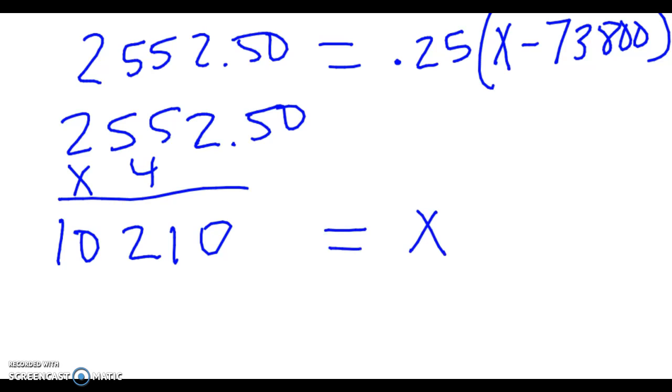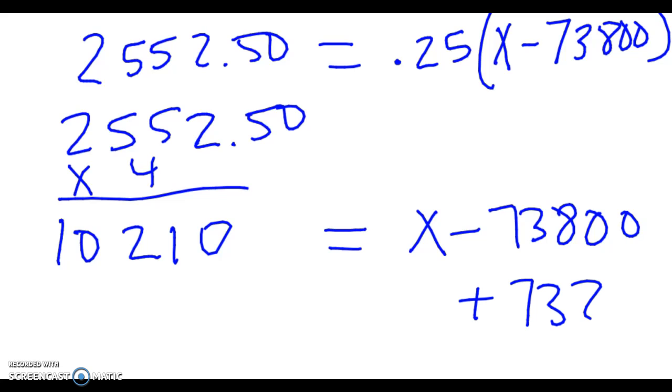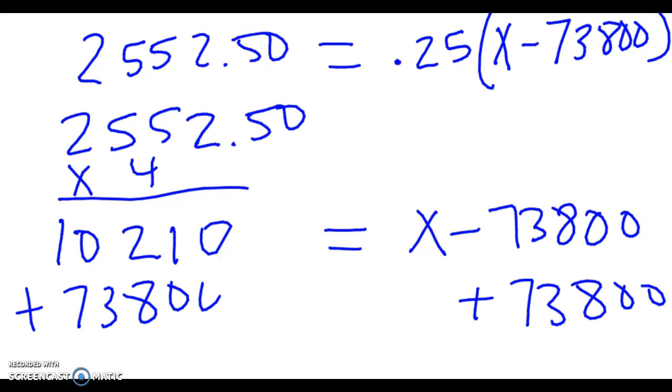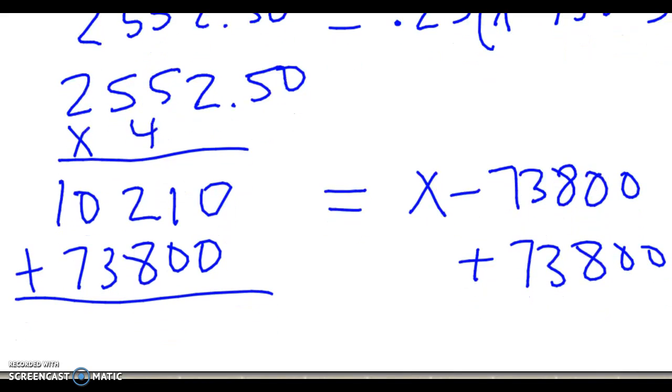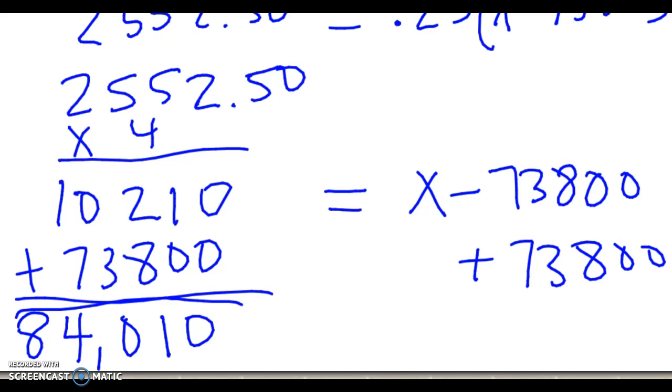And that would equal the difference between the family's adjusted gross income and the $73,800. So in short, I'm going to end up adding. And once we add, we will find that the family's adjusted gross income that they made before they paid any taxes was $84,010. And this is the final answer.